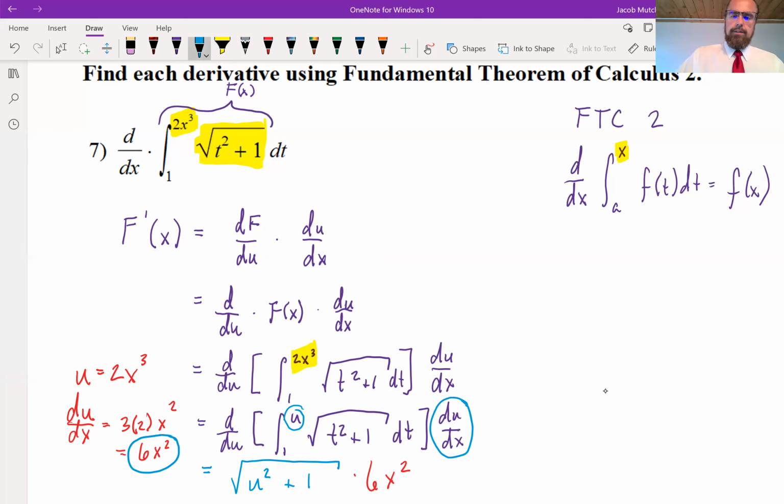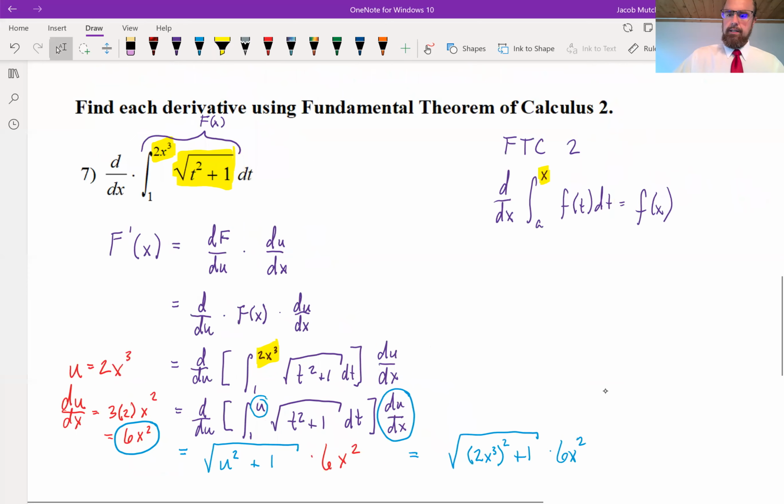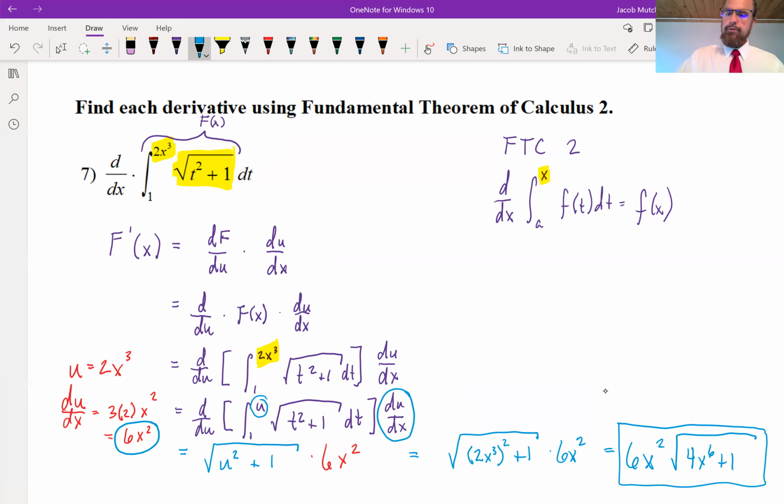And this will finalize this question. So now I've got the square root of (2x cubed) squared plus 1 times 6x squared. And we can simplify that: we'll put that 6x squared first, so it's clearly outside the radical. And then we'll square 2x cubed, that's 4x to the 6th, plus 1. And that completes it. So here we do have to apply not only fundamental theorem of calculus 2, but the chain rule as well.